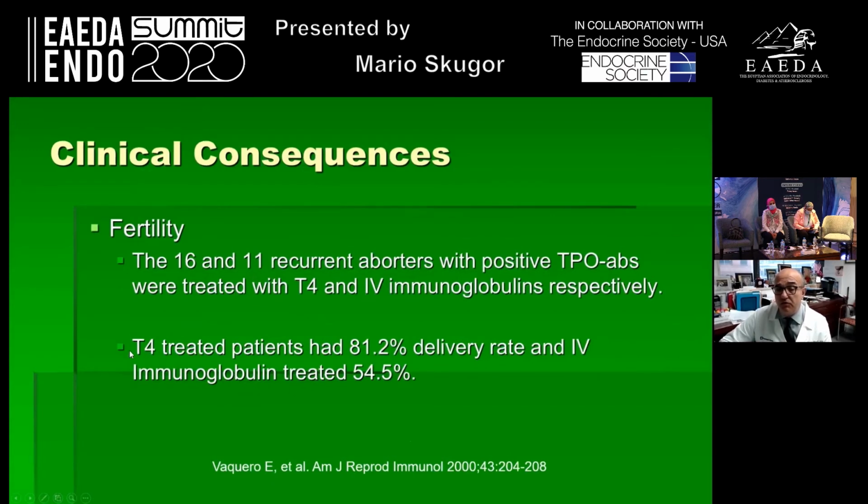It turns out that those treated with T4 had a delivery rate of 81.2%, while those treated with IV immunoglobulins had 54.5%. So not only do we have studies showing increased risk of miscarriage, preterm delivery, and placenta previa, we also have studies showing that treatment with T4 might improve those outcomes.